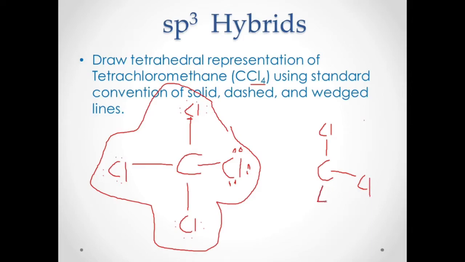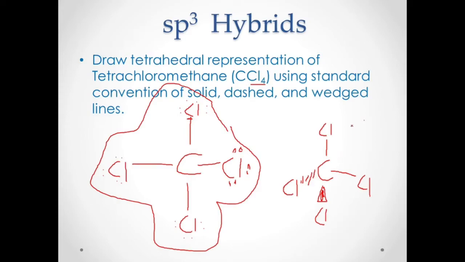Then we have a wedge line, which actually represents a bond that is in front of the viewer, or preceding in front or out of the page. Okay, out of the page. And we also have the dash line that will represent a bond that is preceding behind the page, or at the back.